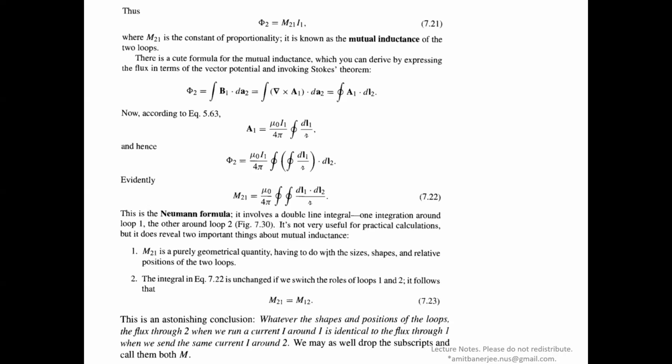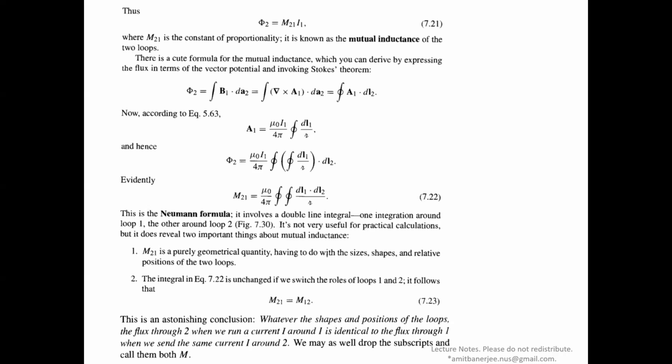So if you put that value into the equation on top for the mutual inductance, where the flux is proportional to the current I1, then you find the Neumann formula, which is a double integration, one around loop 1 and another around loop 2. And this can be used to calculate the mutual inductance in this kind of case.